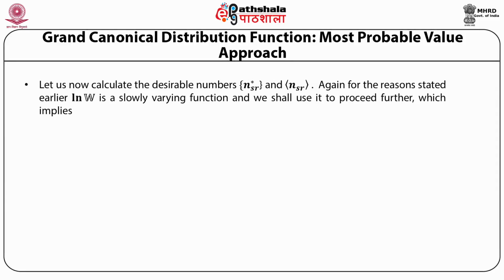Let us now calculate the desirable numbers, that is, the set n star sr and the mean value of n_sr. Again, for the reasons stated earlier, log of W is a slowly varying function and we shall use it to proceed further, which implies log of W is equal to log of n factorial, where n here is the number of identical systems in the ensemble, minus summation over s, r of log of n_sr factorial.